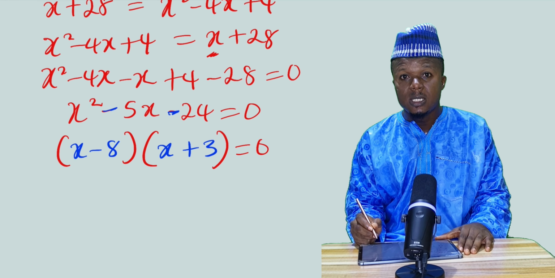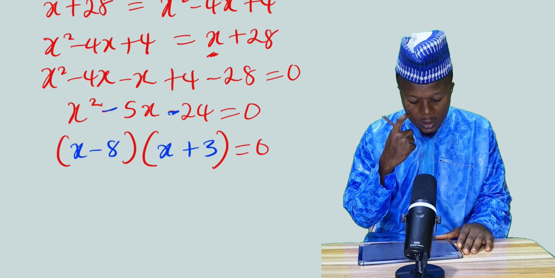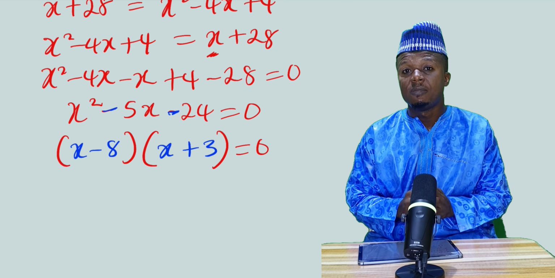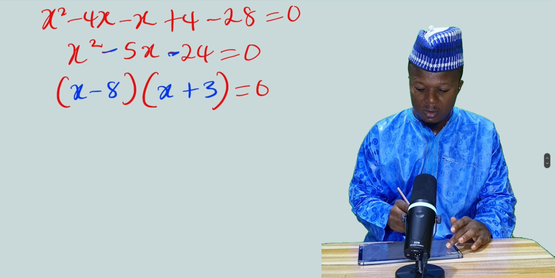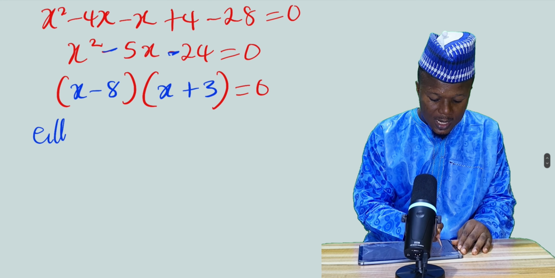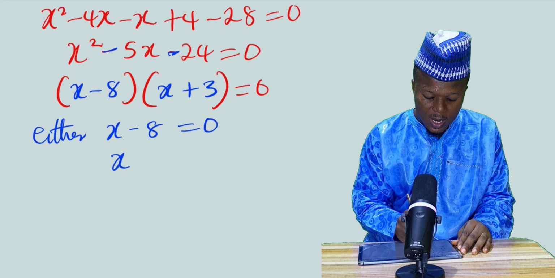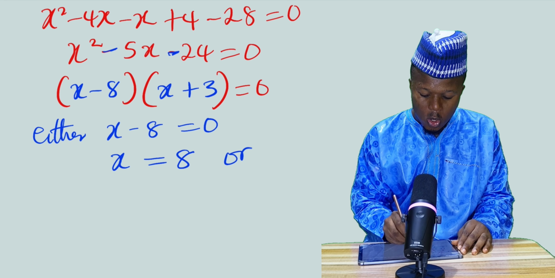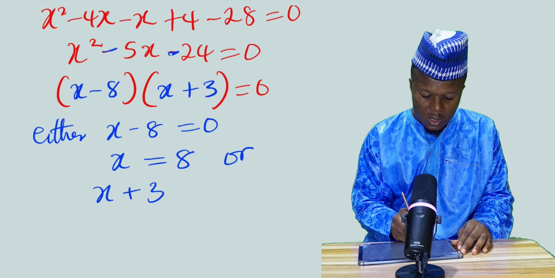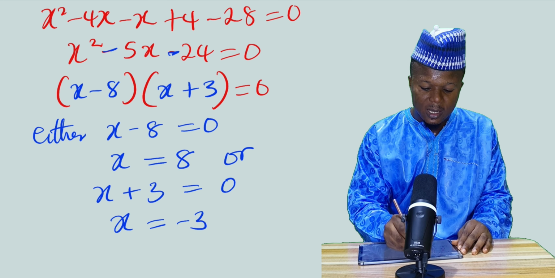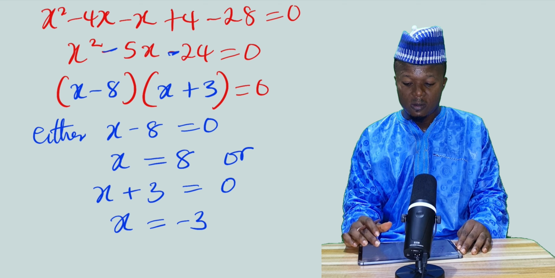From the zero product property, if you have two terms multiplying each other, either one of them is 0 or both of them are 0. So either x minus 8 is equal to 0, so x is equal to 8, or x plus 3 is equal to 0, so x is equal to negative 3. These are the values of x.